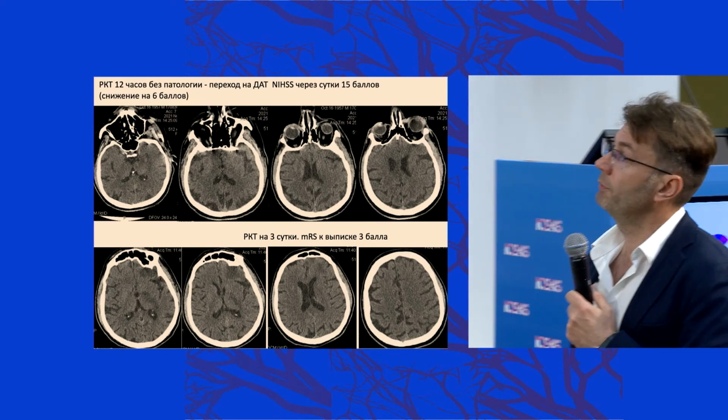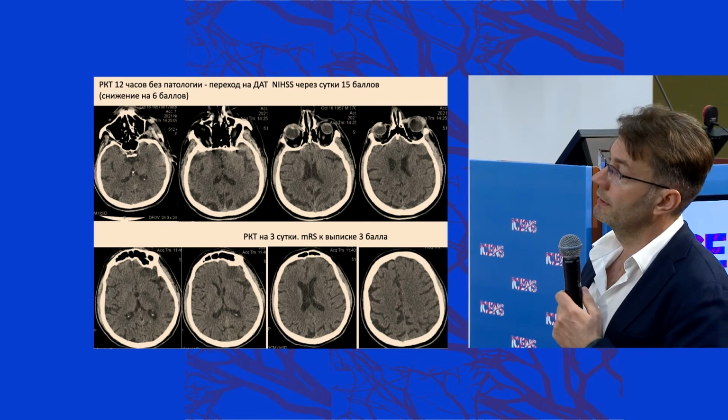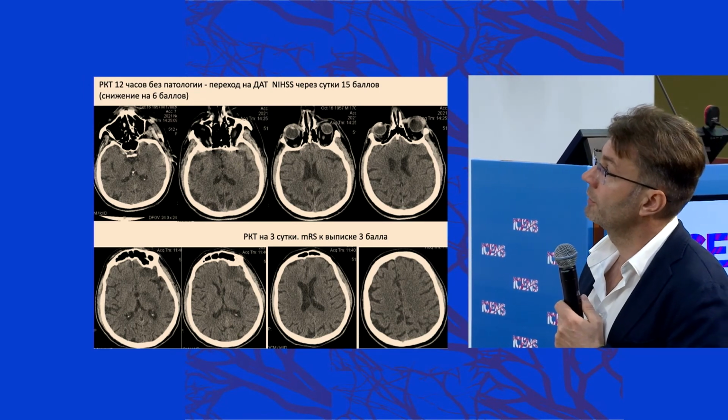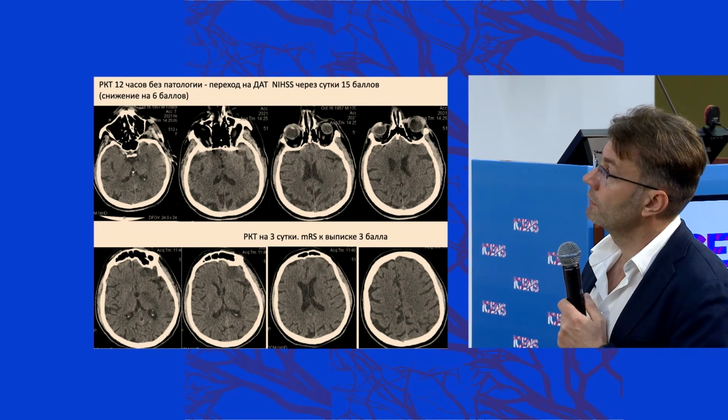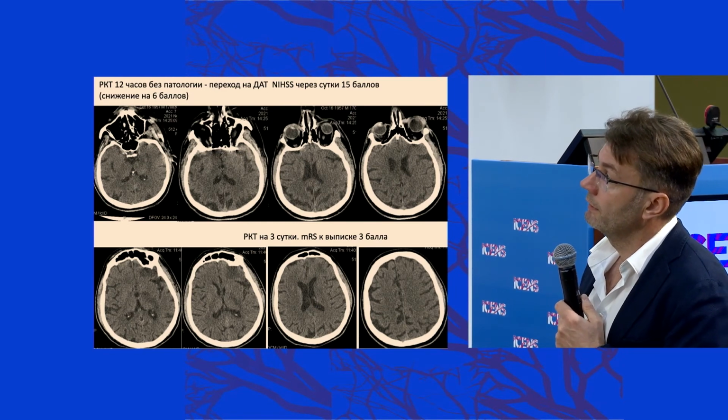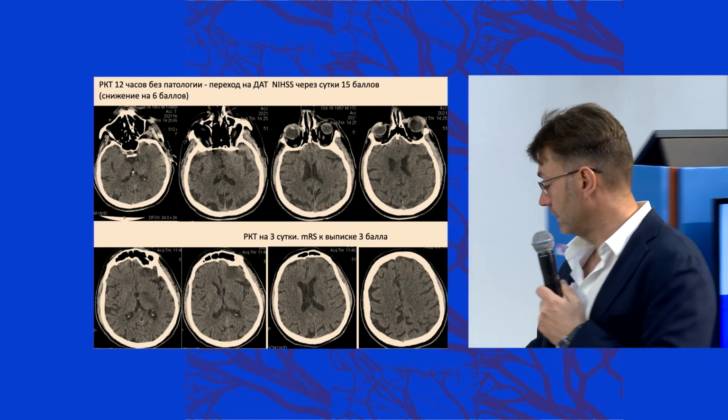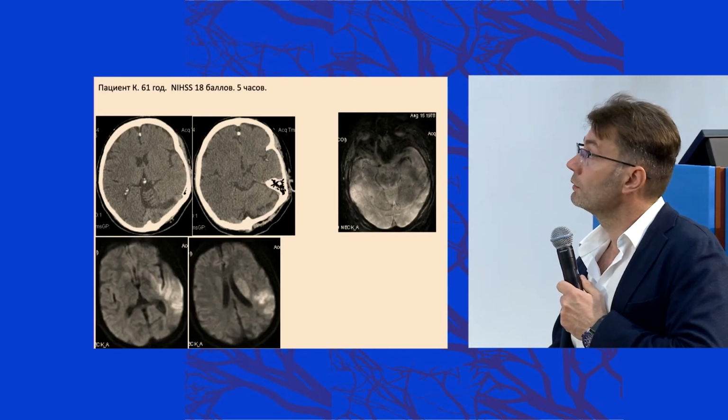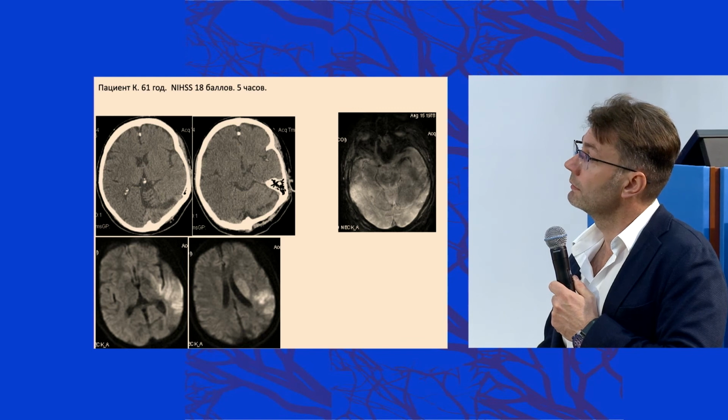The patient either had a spontaneous recanalization or recanalization happened due to blocking of glycoprotein receptors, or we were just lucky. But nevertheless, in the anterior region, ischemia wasn't developed.